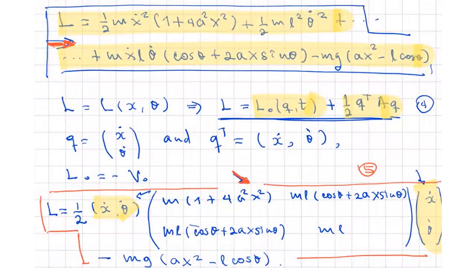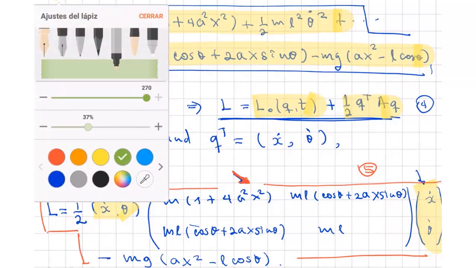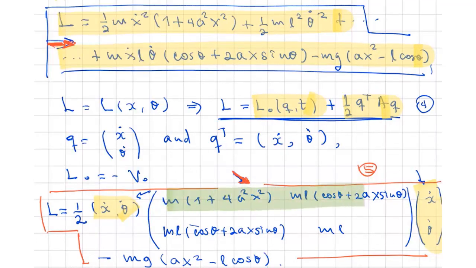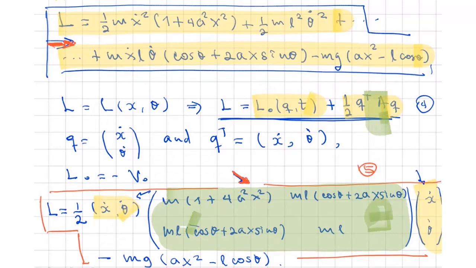H is equal to 1/2 of pt A minus 1 p. Okay, I forgot something. This matrix is A, I'm gonna highlight it with green. This green matrix is A.